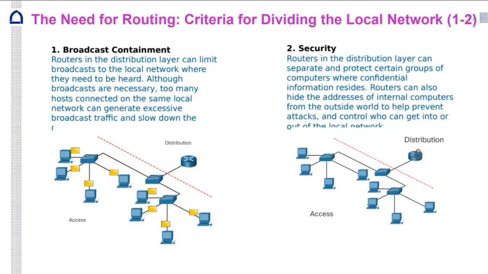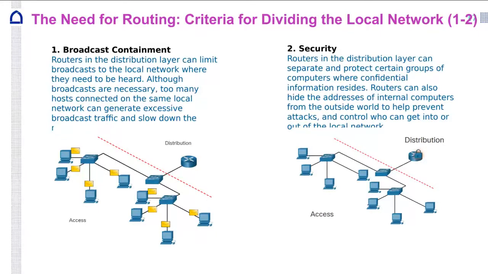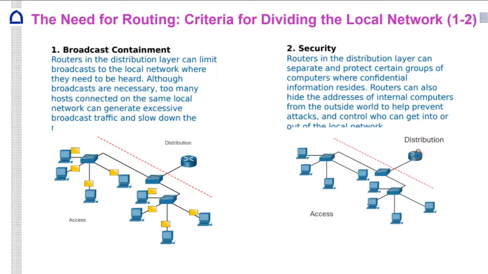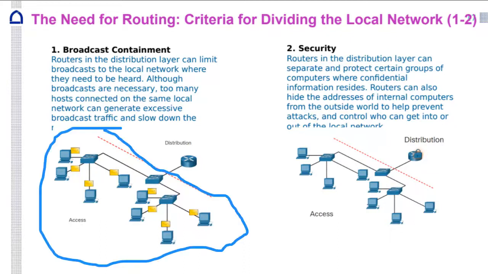Any broadcast will stop, to keep privacy. So we call this broadcast containment. So here we have broadcast containment by the router. That's why we ask, how many broadcast domains do you see here? One. Each router interface is a broadcast domain.